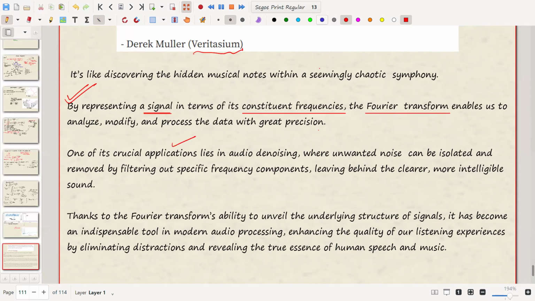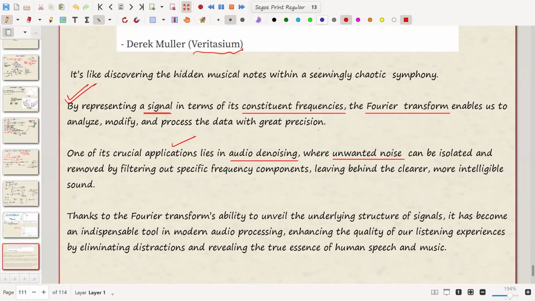And one of its crucial applications is in audio denoising. You can denoise audio where you have unwanted noise, maybe someone speaking in the background. That can be isolated because it will come as a peak in your frequency domain when you do the FFT, and that part you can just remove, and the noise will be removed. That is so powerful.